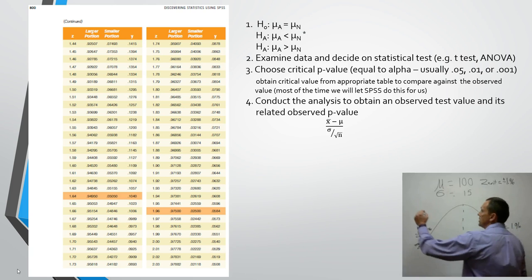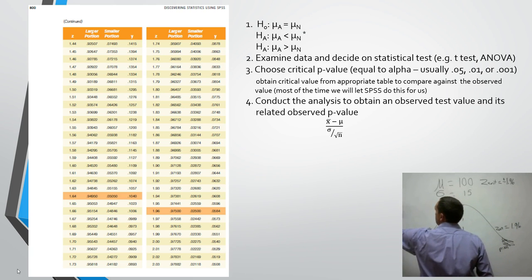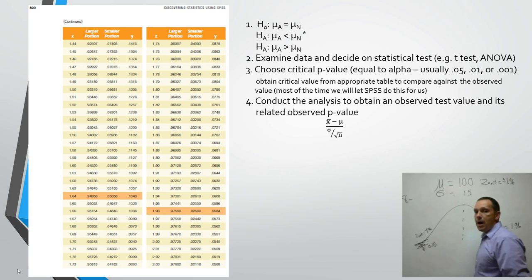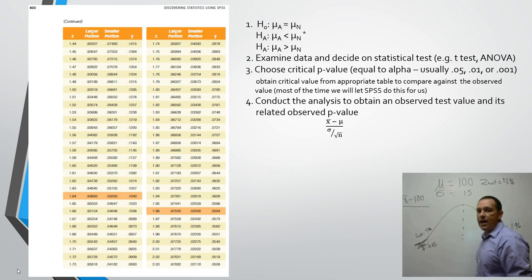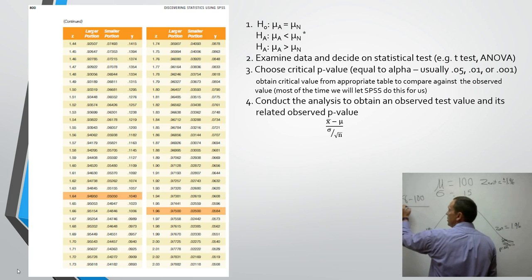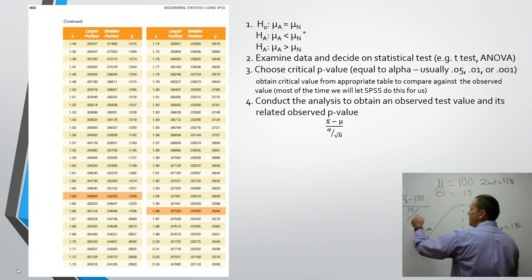From our scenario, it was 98. So 98 minus our population mean, which is 100, divided by our population standard deviation, which is 15, divided by the square root of our sample size, which was 230.